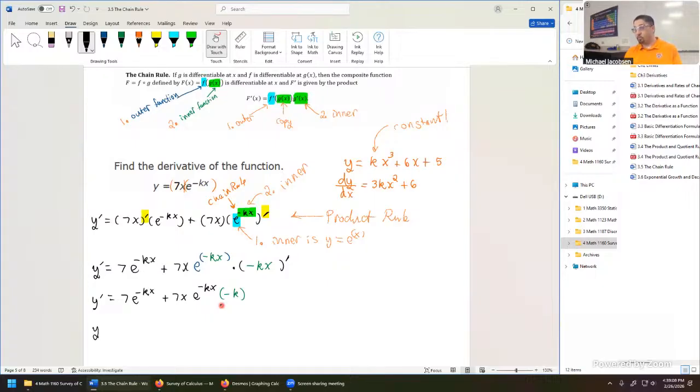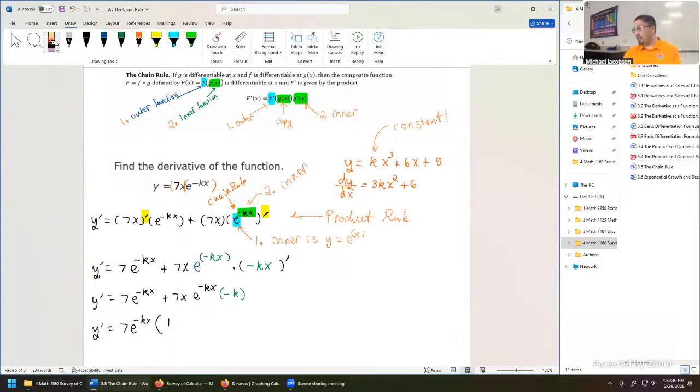But sometimes it's tempting to go one step further. Let's do it on this particular problem. Notice it has a greatest common factor of 7 e power negative kx. It's on the first term, and it presents itself as a factor on the second term. So if you take 7 e power negative kx out, that means you've divided here where the red dot is, leaving a 1, plus divide that same greatest common factor through here, and all it's going to survive is, I regret that plus, let's change it to a minus.